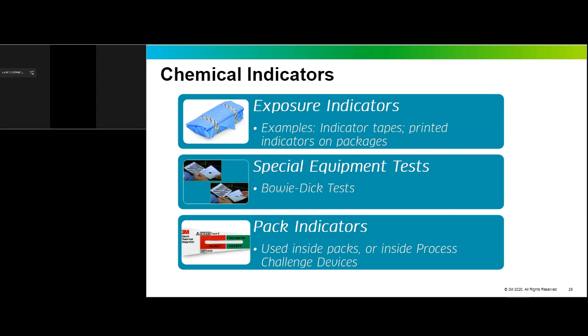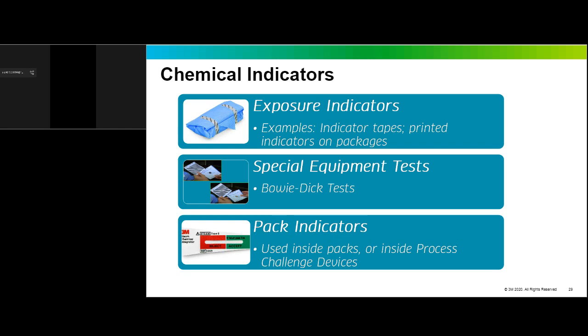Then if we talk about chemical indicators. Chemical indicators are defined as devices that are used to monitor presence or attainment of one or more of the parameters required for a satisfactory sterilization process, and they're used in specific tests. There are three buckets of chemical indicators. Exposure indicators that help us distinguish processed from unprocessed load items.